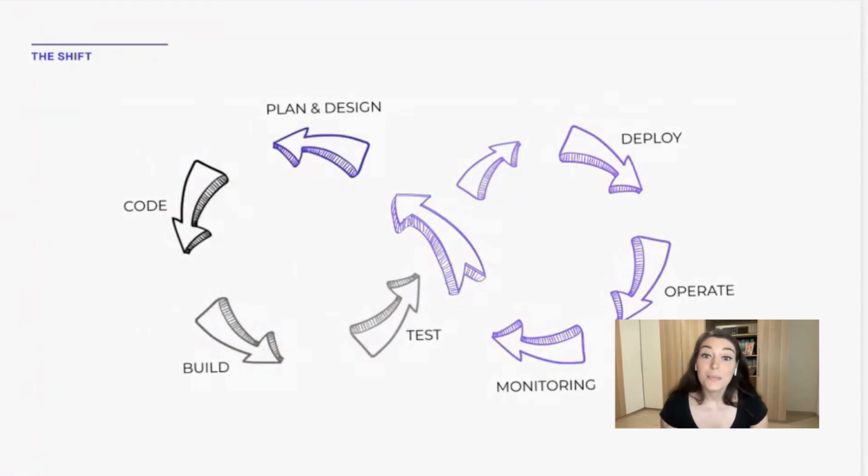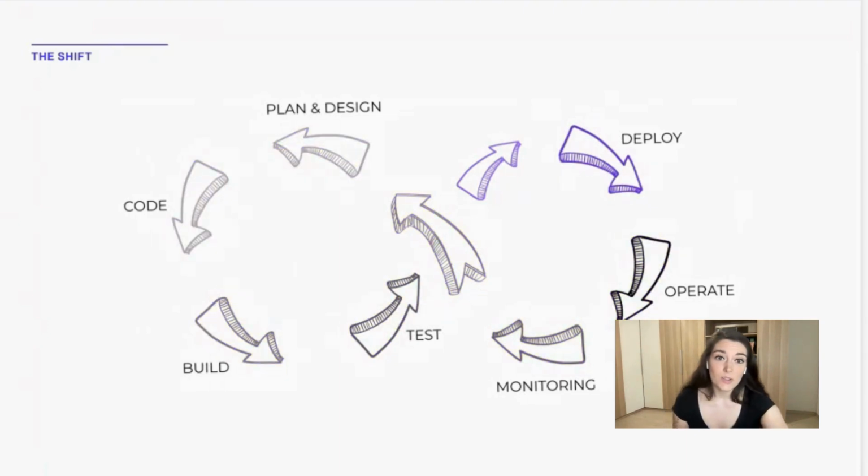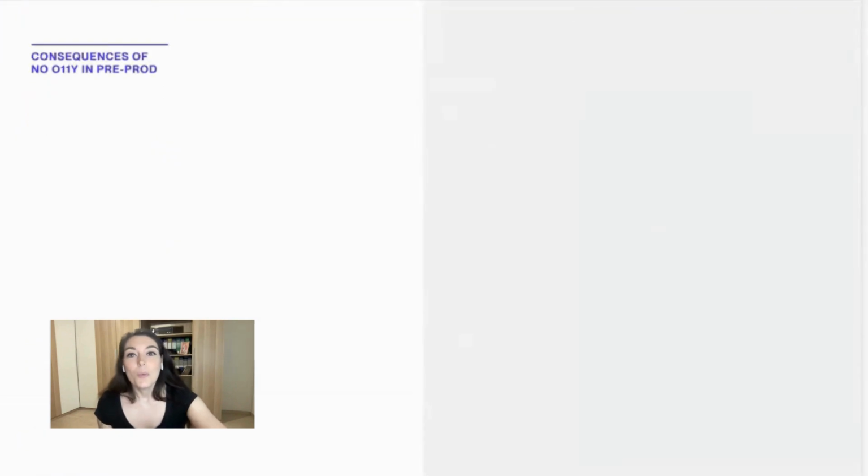And I think to explain this a little bit more clearly, it's easier to look at some examples of what it means not to have observability earlier in the software development lifecycle. So what happens when you don't have observability in pre-prod? Well, I'm conscious that larger organizations and regulated industries may invest in observability across environments. Many teams still don't have it in development and staging.